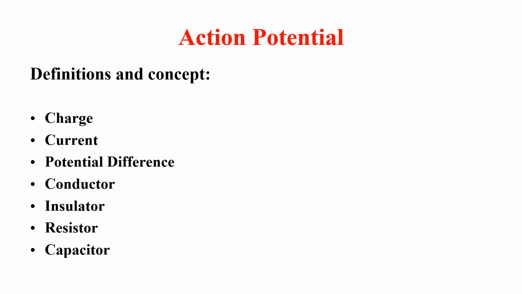So this whole assembly works as a capacitor. Charges are stored on the membrane inside and outside, and the membrane allows passage of material, but that passage of charges is with resistance. So the membrane also has the property of resistance.